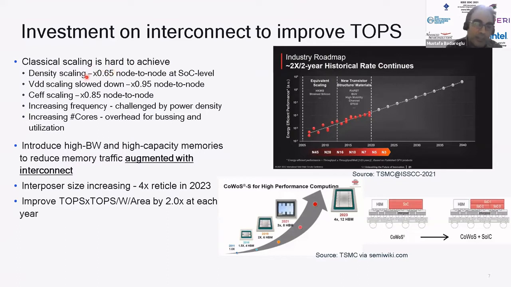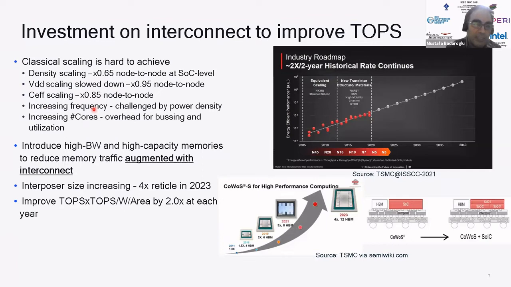Overall at the SoC level, it's very hard to reach the 35% scaling down of the area. VDD scaling, power supply voltage scaling, has significantly slowed down. On the parasitics improvement, even these days it's not surprising to see 0.9 scaling node to node, but the target of 0.85 is already not at a good point.